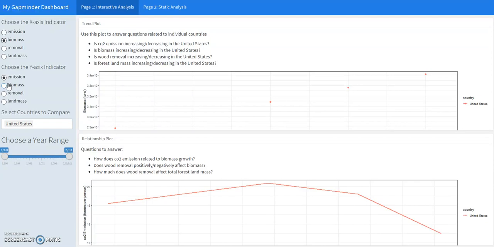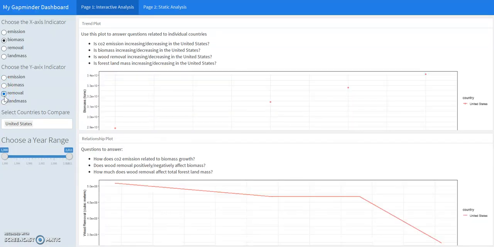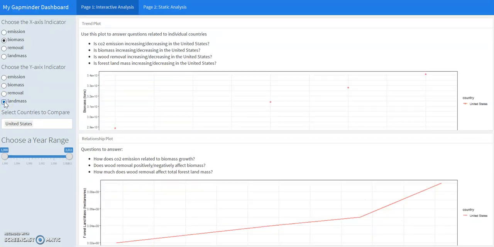This is human emission, though, so it's not like this is atmospheric composition. But the emission level increases, but then it decreases fairly rapidly. If we compare biomass to wood removal, there is a slow decline as biomass increases. And then comparing forest wood removal to forest land mass, obviously the more land mass there is, the less wood removal we end up seeing. So those two kind of go hand in hand.